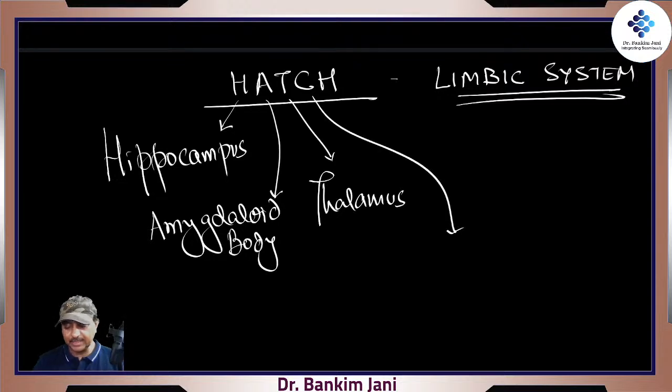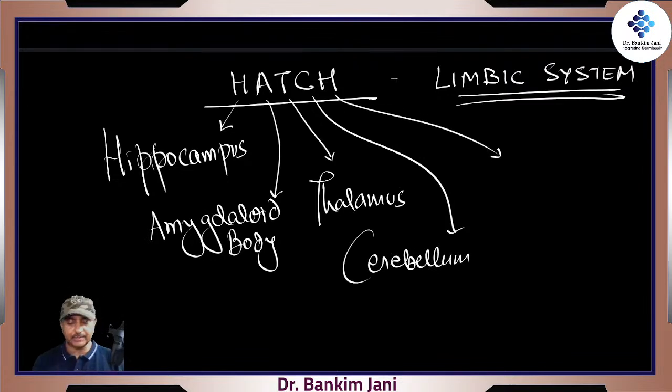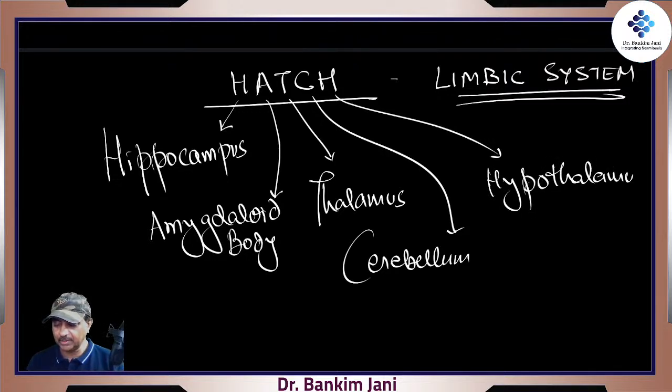C, cerebellum. And the last H, that is our today's topic, hypothalamus, right? So it is the joint operation of all these parts when the emotions are generated. Some emotions are related to the learning process, some are related to motor response, all those loops which we learned during our journey of the basal ganglia and the thalamus.